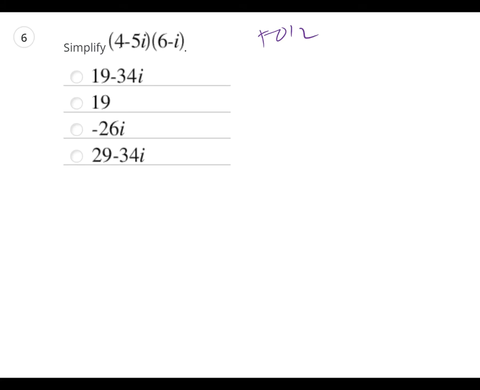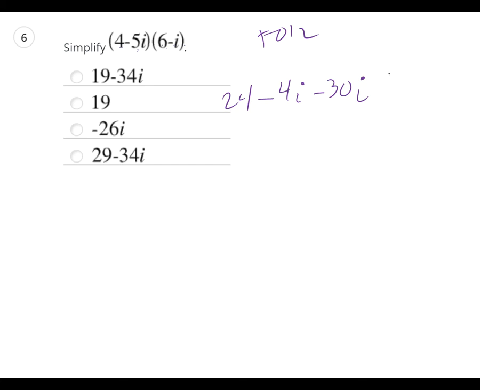Okay. What's 4 times 6? 24, and then 4 times negative i is negative 4i. Negative 5i times 6 is 30. Negative 30i.